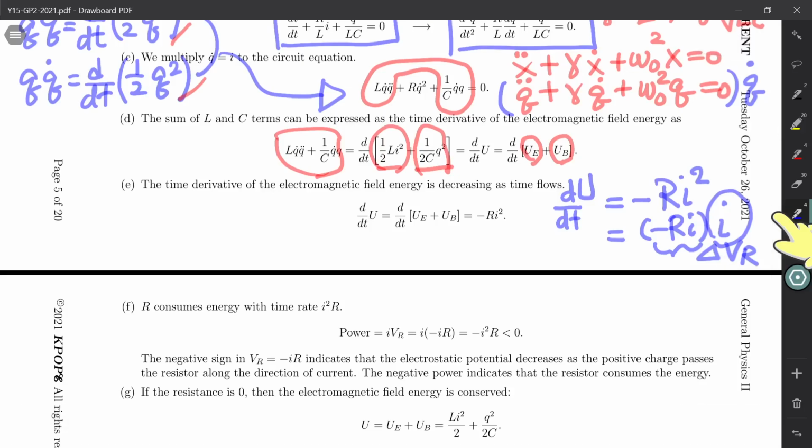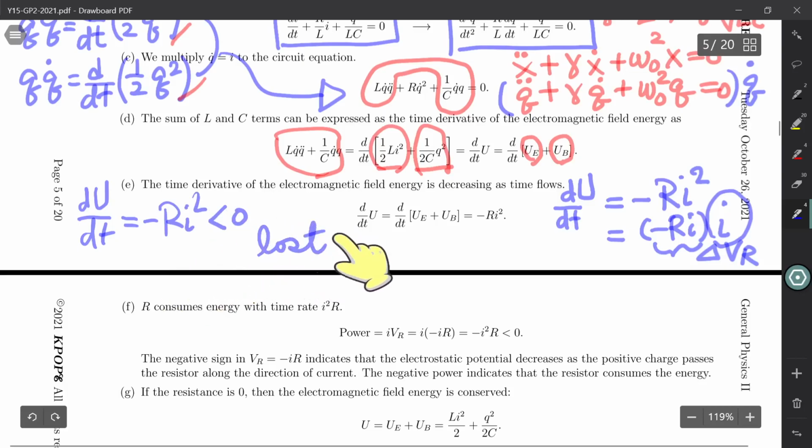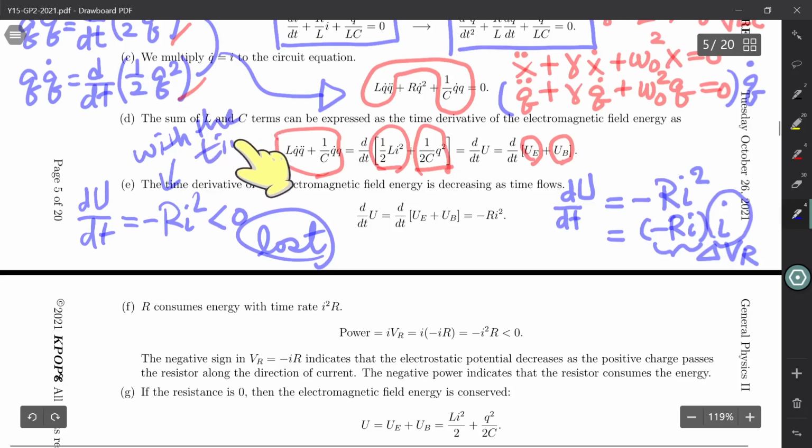So this is a power loss. The electrostatic field energy is lost with the rate, the time rate.